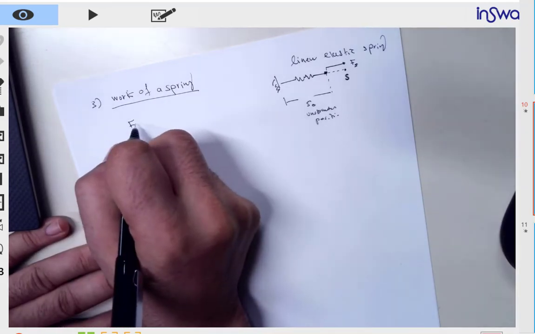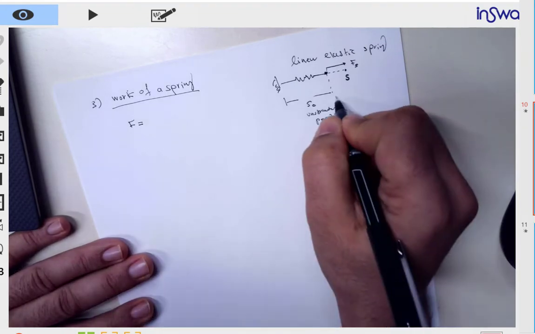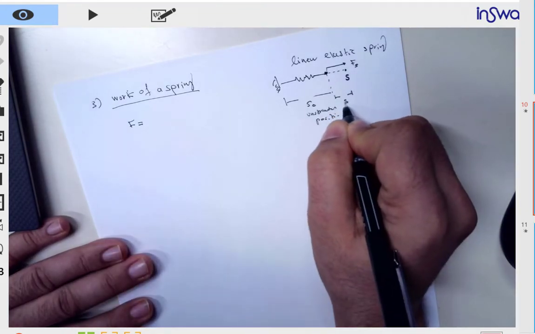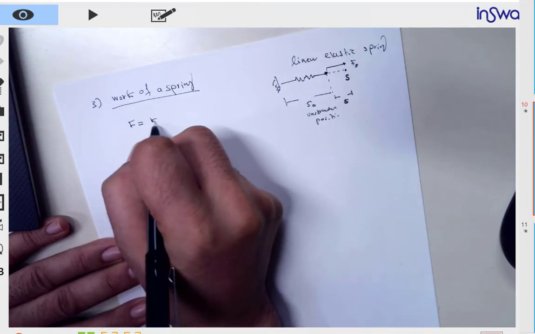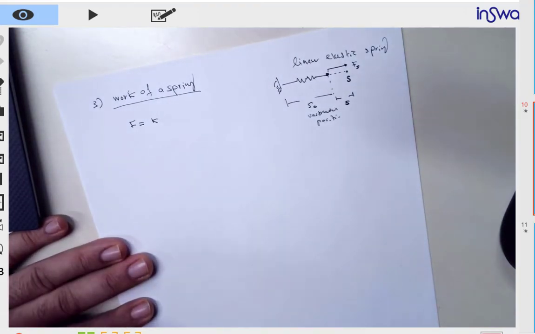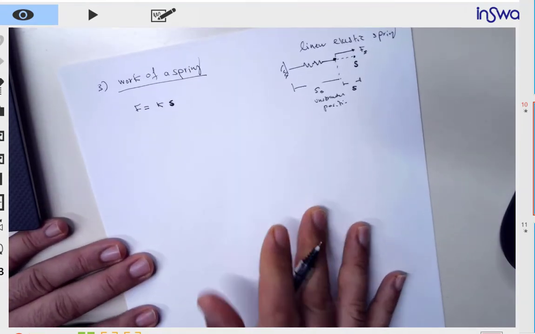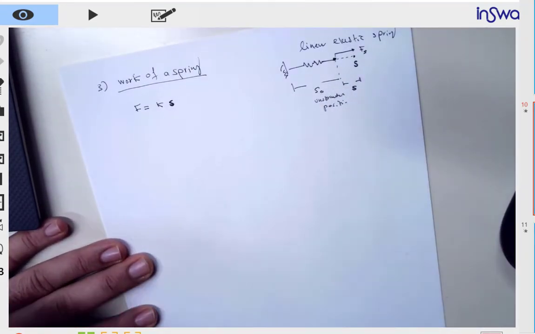Now, we know that the force is going to be equal to K, the linear elastic spring constant, multiplied by that S value, where S is measured from the unstretched position.